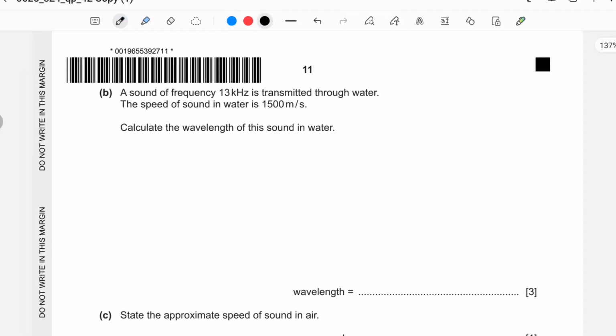Part B. A sound of frequency 13 kHz is transmitted through the water. The speed of sound in water is 1500 meters per second. Calculate the wavelength. In order to calculate the wavelength, we can use this equation: v is equal to frequency multiplied by the wavelength. So we need the wavelength, so it's the velocity divided by the frequency.